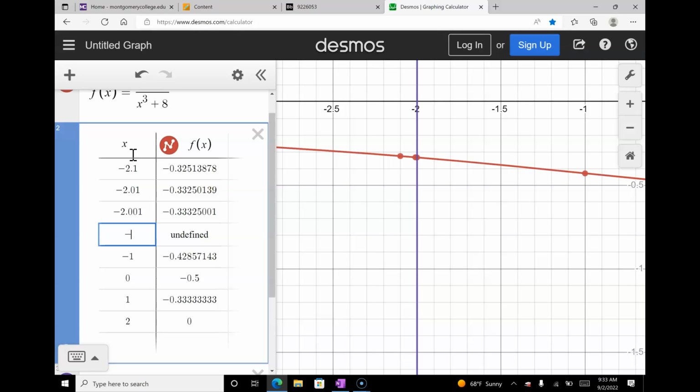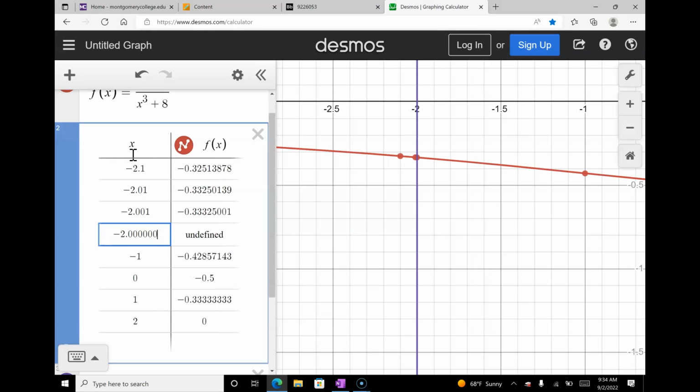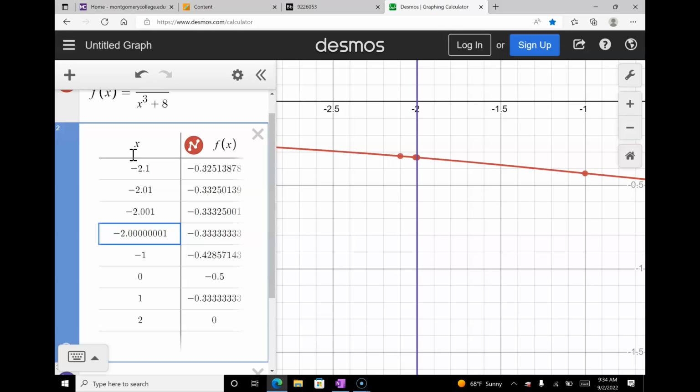I can just go crazy for a second. Negative 2.00000. Once I kind of get an instinct, I can just kind of cheat it and see if it gets there. So I already know the answer is negative 1/3. So that's going to help me too. It's always nice when you know the answer. When you know what's coming, it's easier to deal with.